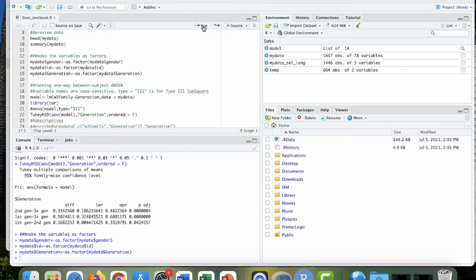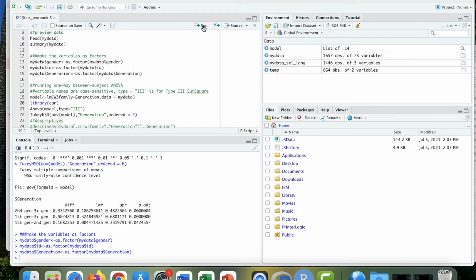Now, I'm going to run the ANOVA. Again, these hashtag lines that are in green are just notes to myself, telling me what kind of ANOVA I'm running. I'm going to do a type 3 sum of squares, which is a pretty standard one-way ANOVA model.